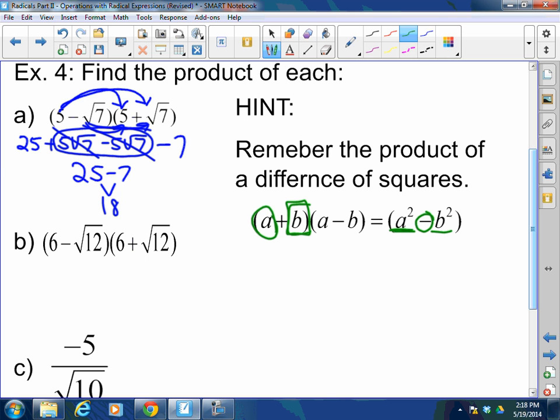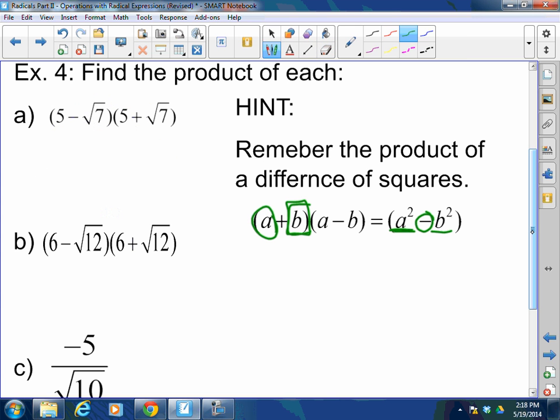So how does that help me here? Very simple. Set this up always like this, guys. I got 5 minus square root of 7 and 5 plus square root of 7. It's a difference of squares. First term squared minus second term squared. What's 5 squared?